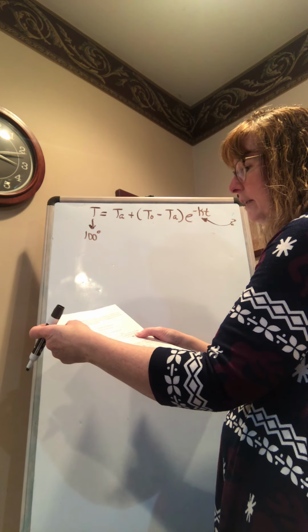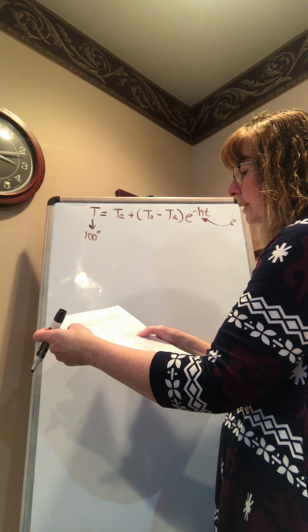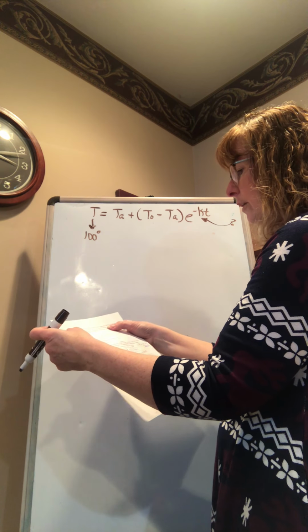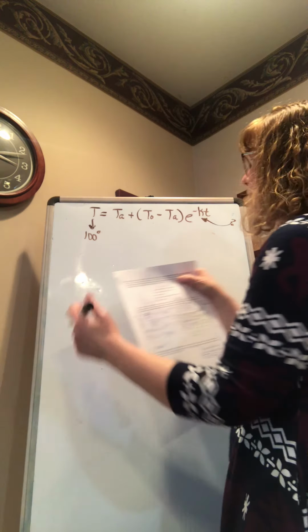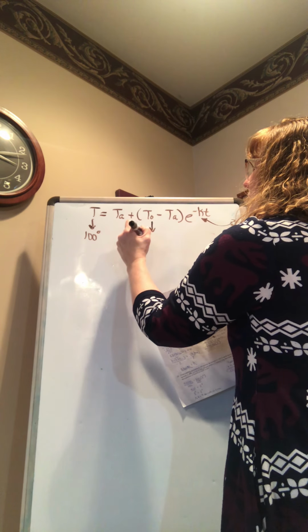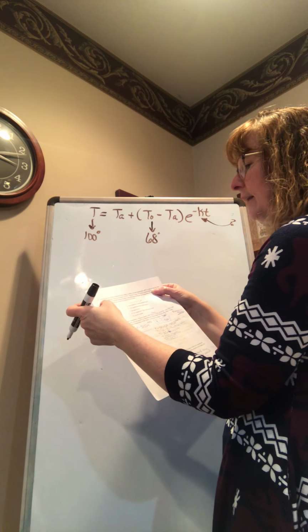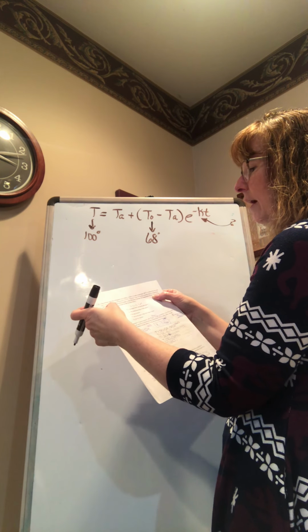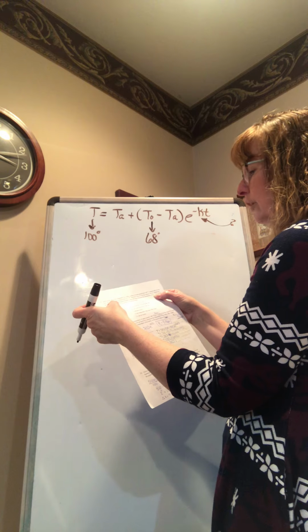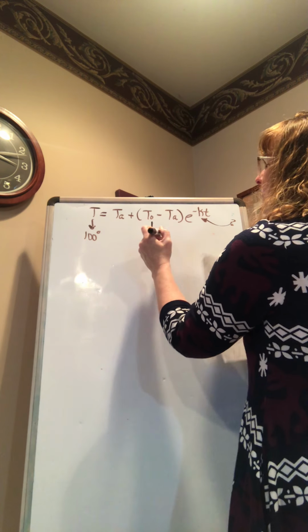After sitting in the refrigerator for a while, a turkey is at room temperature, 68 degrees. So here is the 68 degrees. It's placed in an oven at 8 a.m. when the oven temperature is 325 degrees Fahrenheit.